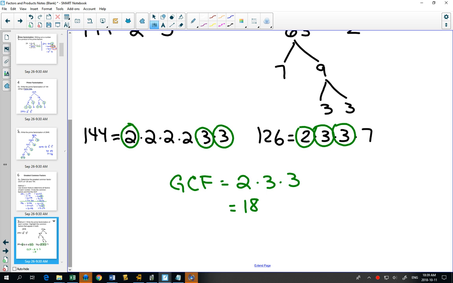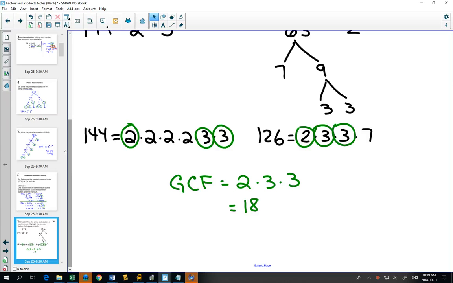I like that method. Because if you find the prime factorization, which we can do a factor tree to figure out, and it isn't the quickest, but it doesn't take forever, then we can use that to figure out the greatest common factor.